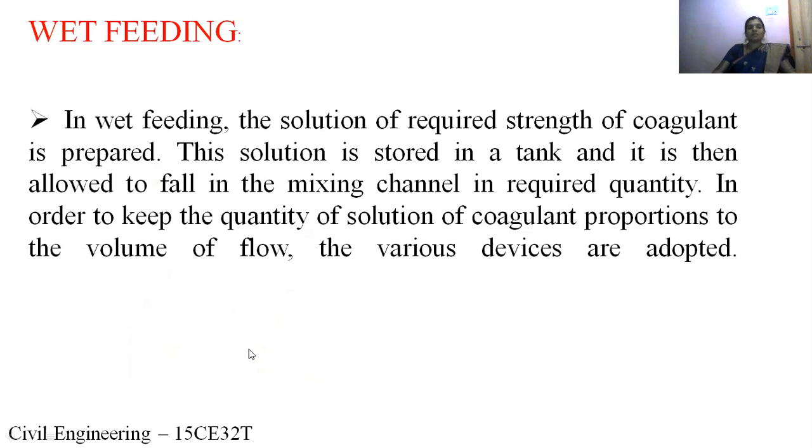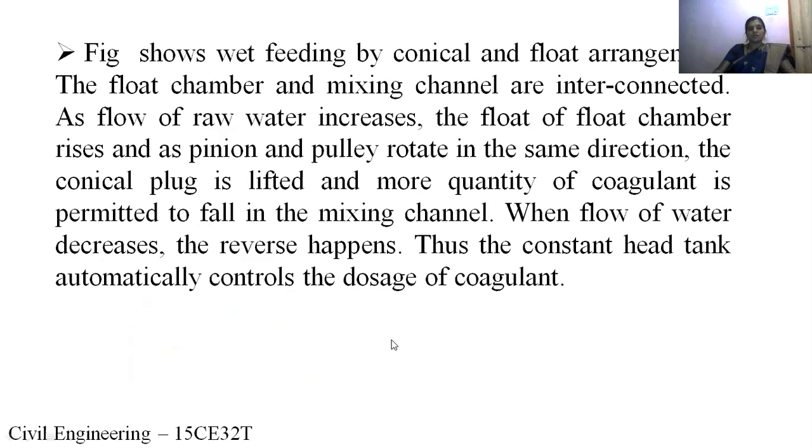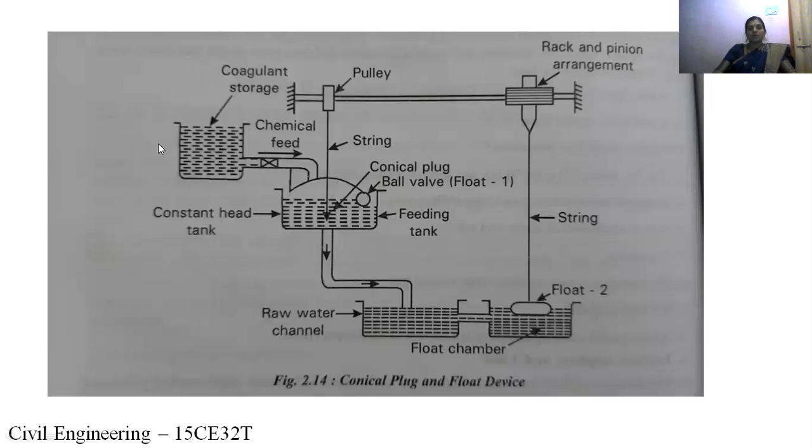Next topic, wet feeding. This figure shows the conical plug and float device. This is the coagulant storage tank. This is the feeding influent. This is the constant head tank, also called the feeding tank.